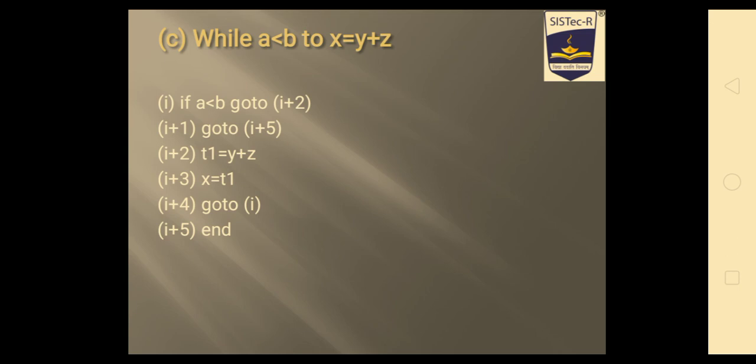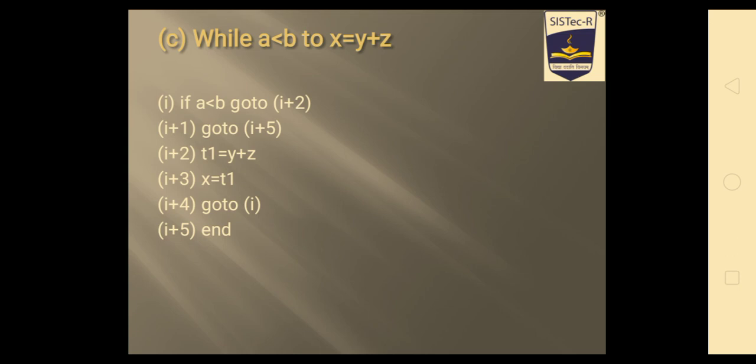It means if the condition is satisfied, then you have to write the three-address code. So go to I plus 2 is a label jump. Next, I plus 1. If the condition is not satisfied, you have to move to the end part. So go to I plus 5. I plus 2 is T1 equals y plus z, and I plus 3 is x equals T1. So I plus 2 and I plus 3 are the code for x equals y plus z.